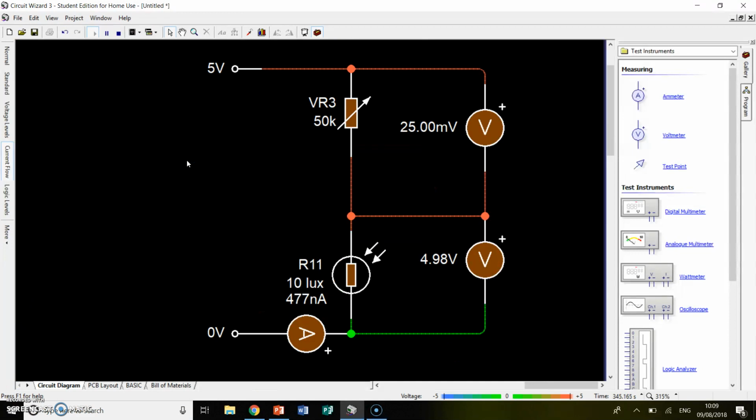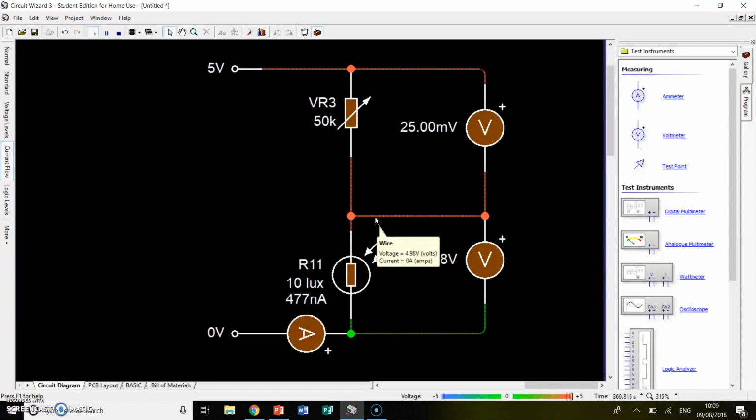So, what is a potential divider? A potential divider is two components or more in series between the positive and the negative rail, because those components will take part of the voltage across each component, and that voltage is linked to the resistance. So in our case, we're working with resistors.